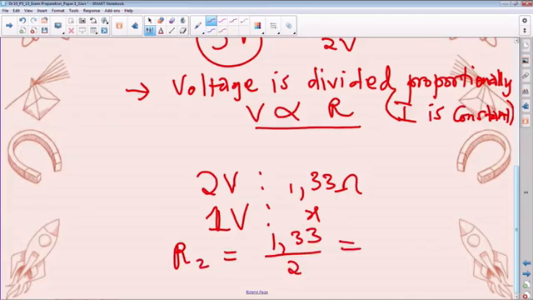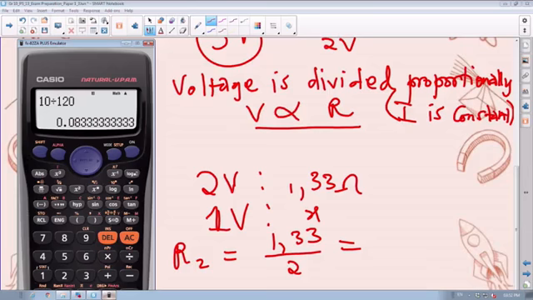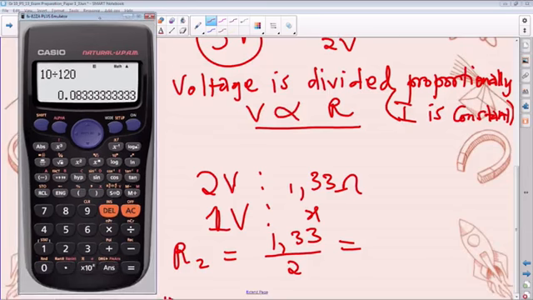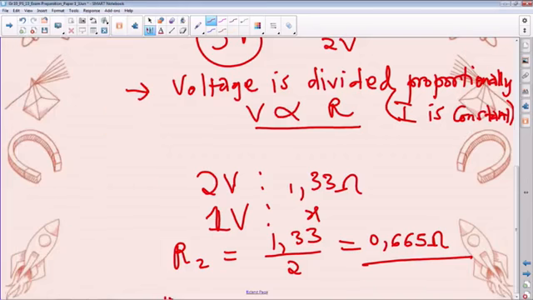If you go to your calculator, we have 1,33 divided by 2, which is exactly 0.665 ohms. That's exactly the resistance without using Ohm's law, by using ratio and proportion, because we said resistance is divided proportionally. Very, very important, right?